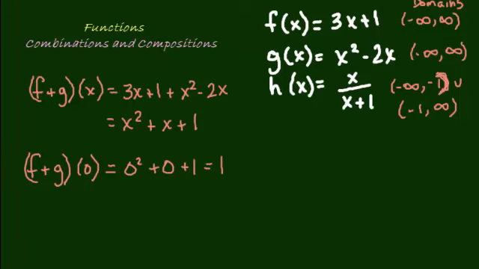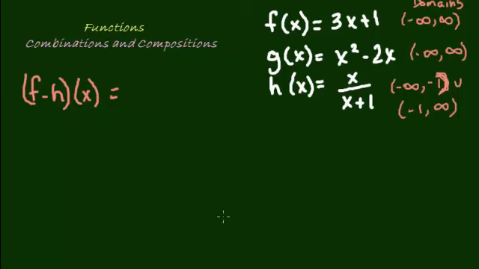So now let's look at it in another way. I'm going to do f minus h here. So I've got 3x plus 1 minus x over x plus 1. Basically I need to combine this into one term. That means that I will need a common denominator of x plus 1.